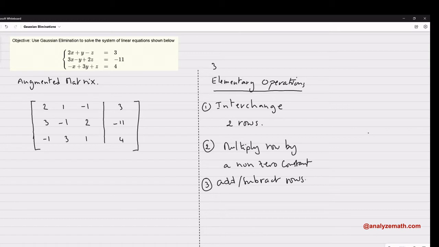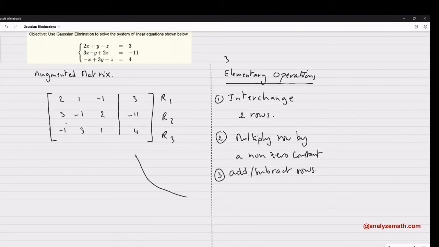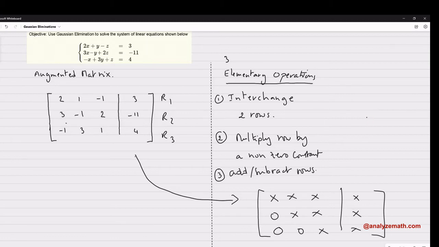Now the Gaussian elimination method is going to be used to reduce this matrix into row echelon form. So the row echelon form is a matrix of this form here. If you take any 2 rows, the first non-zero in this row is to the right of the first non-zero in this row.